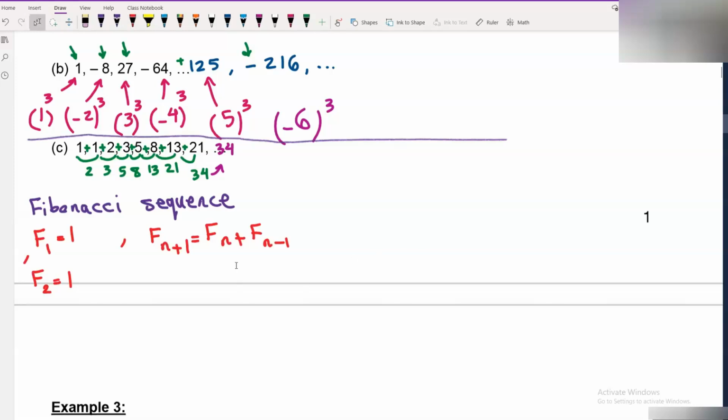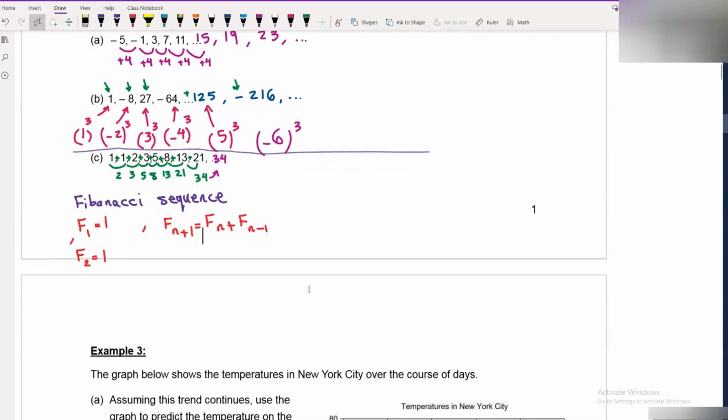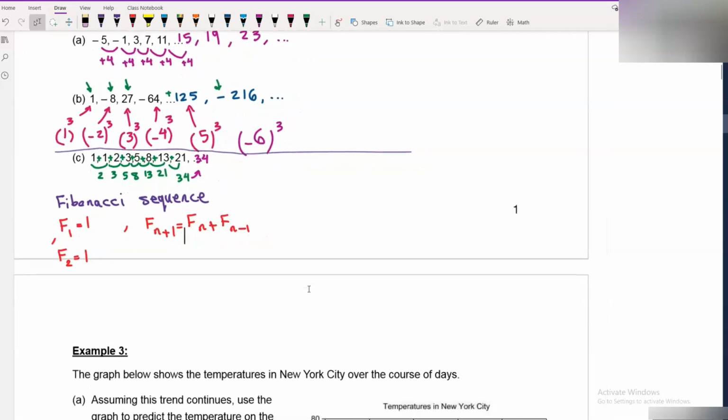Now I'm going to use this rule to find the numbers for the segments. So using this one, F(n+1) equal to F(n) plus F(n-1).